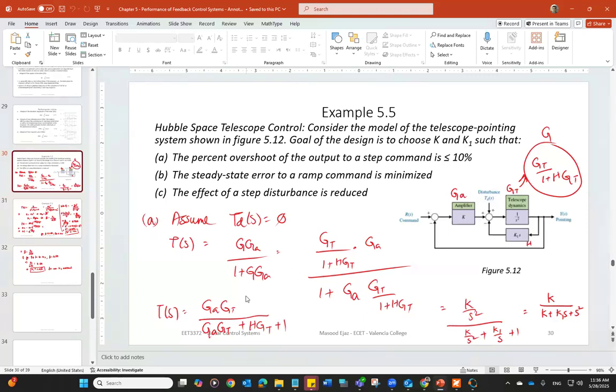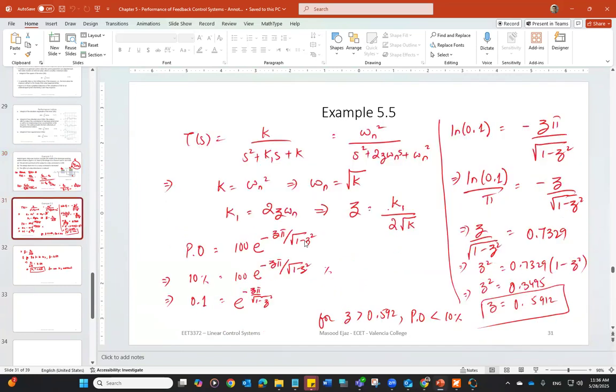So what we did is we did the first part, and we figured out that the value of the damping coefficient zeta has to be 0.5912 for a maximum overshoot of 10%. And it has to be greater than 0.5912 if the overshoot is needed to be less than 10%.